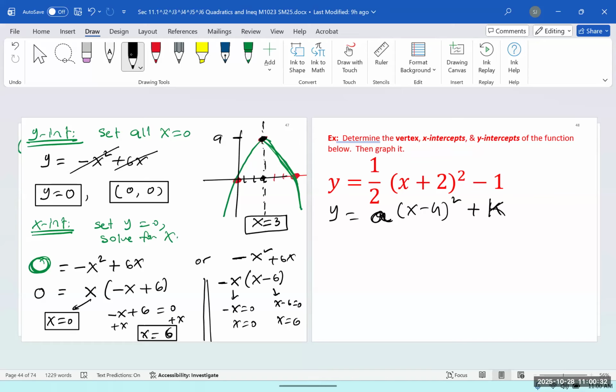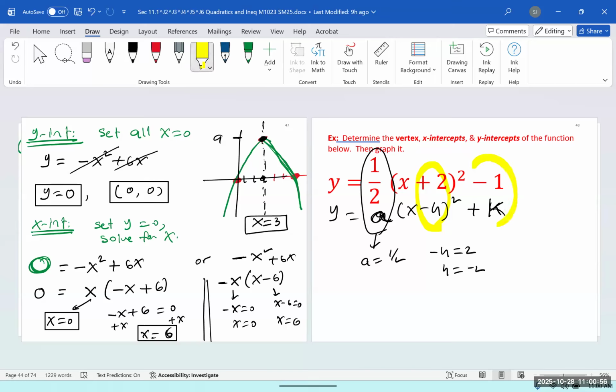So if you compare these two, what information do you have from here? What is a? 1/2. The next information, negative h is 2. Then what is h? -2.